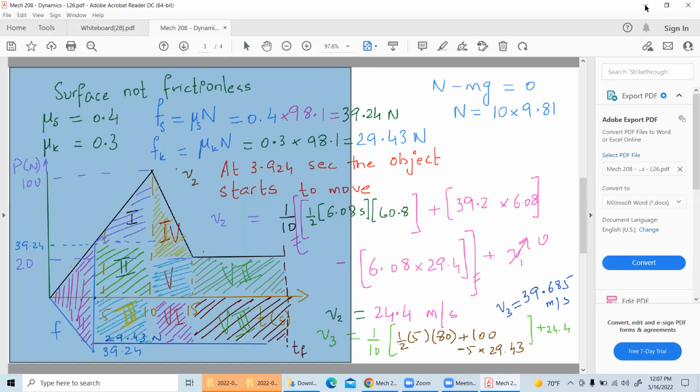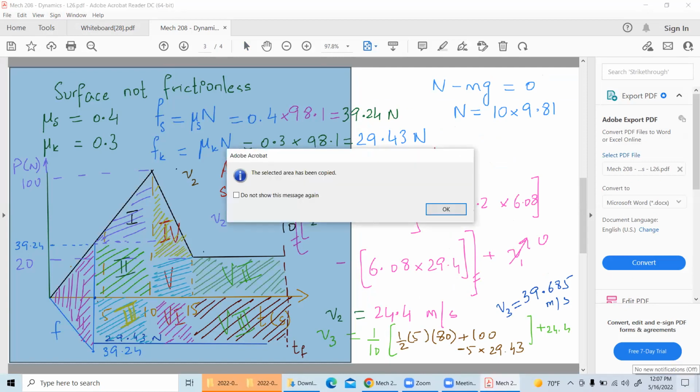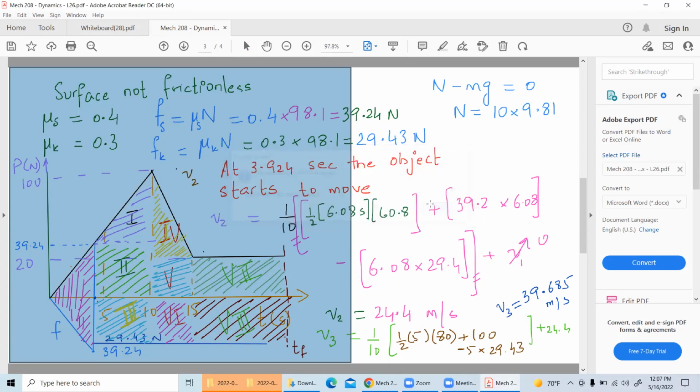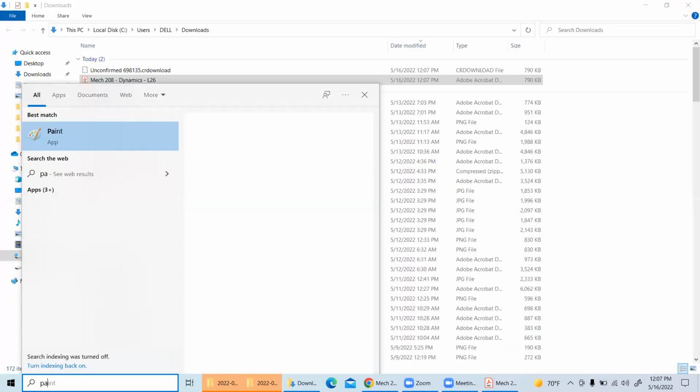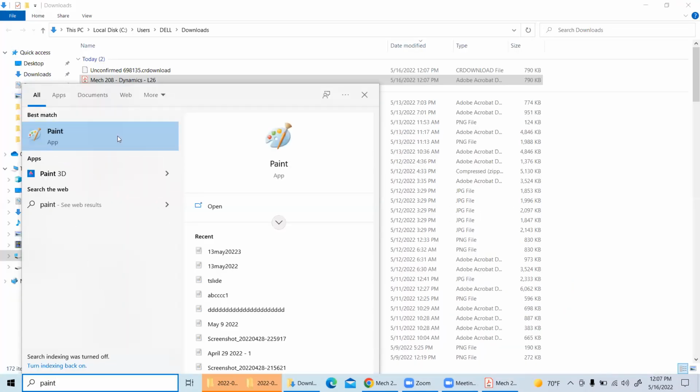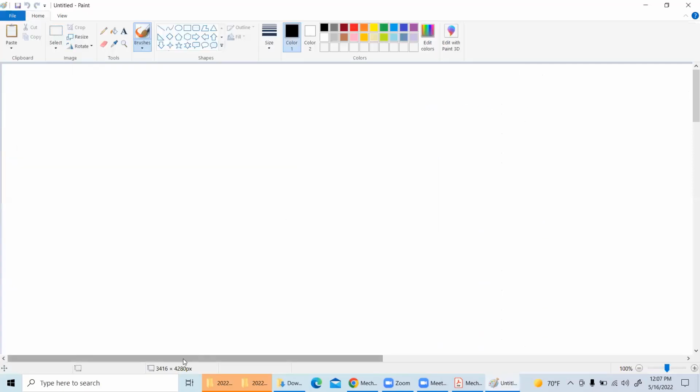A big imagination. Oh, come on, the laptop should not hang because there is no way. This laptop is on ventilator right now. So let me open the Paint. Okay, 6, 5, 4, 3, 2, 1 screen shared. Boom.